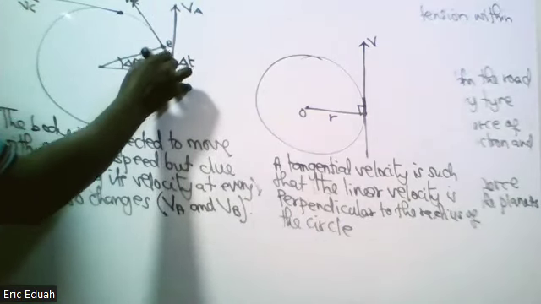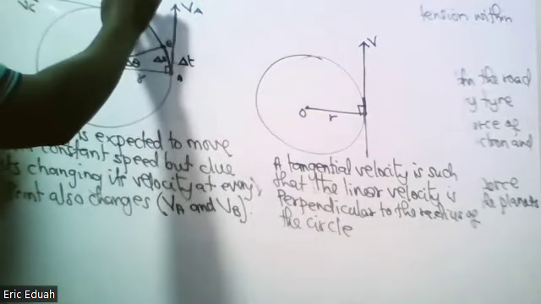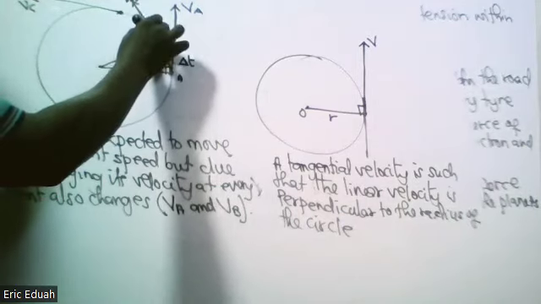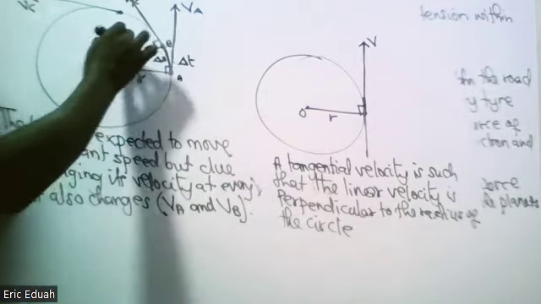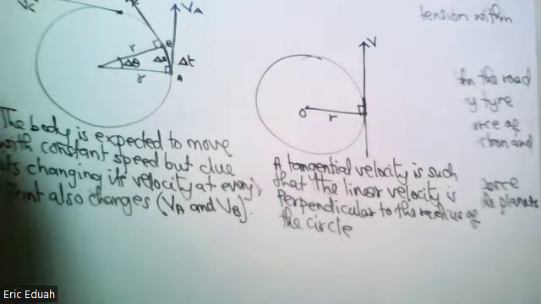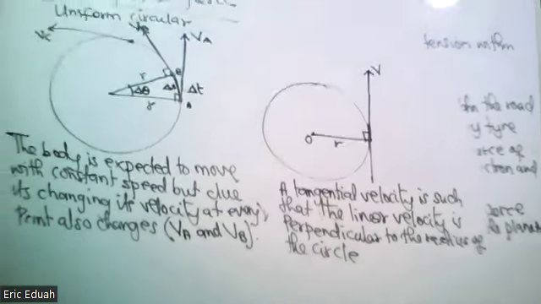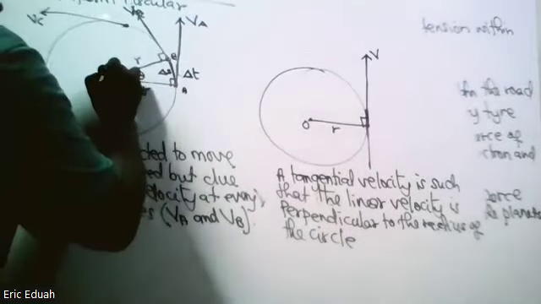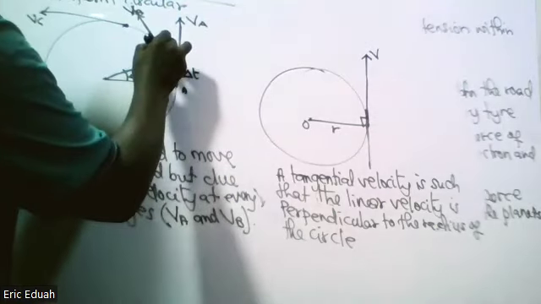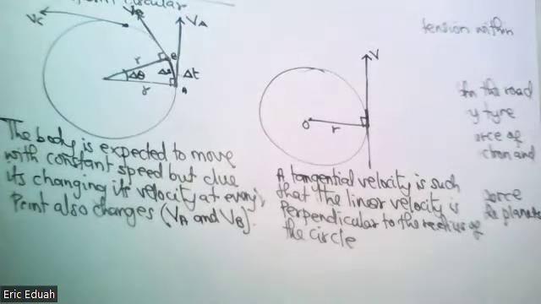VA is perpendicular to this radius, and VB is also perpendicular to this radius. When the body is in circular motion, its linear velocity is always tangential to the circle.